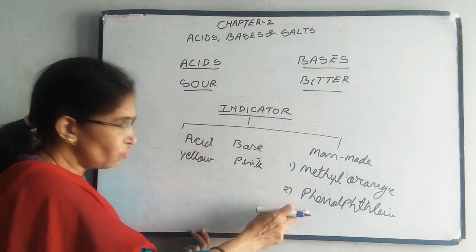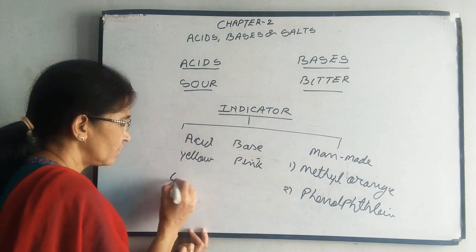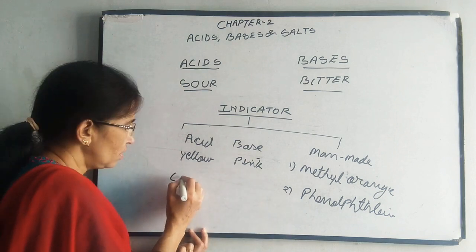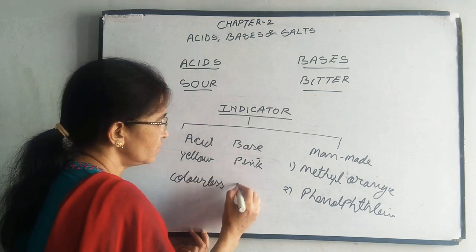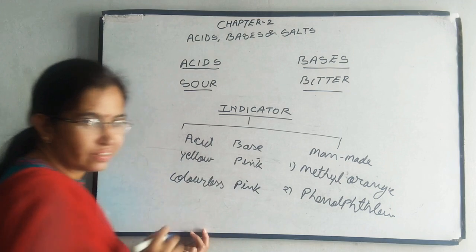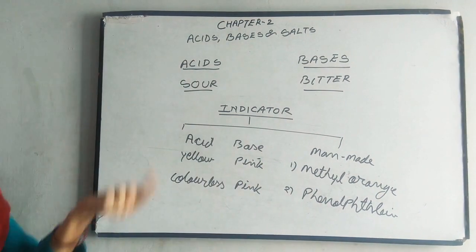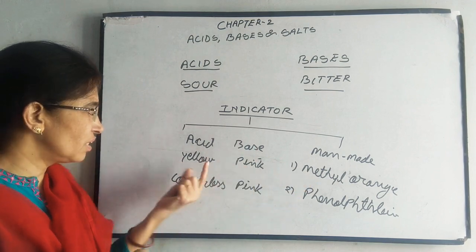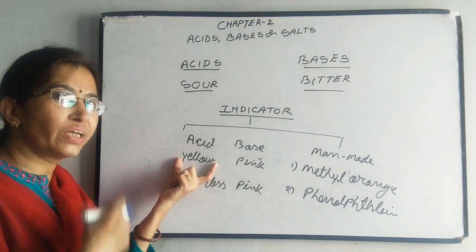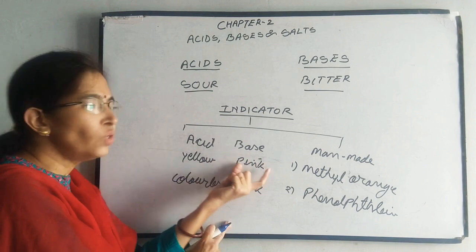And when we talk about phenolphthalein, in acid it is colorless and in base it is pink. Remember the colors, because they will ask: substance A has methyl orange, yellow in color, but when we put it in base, the color changes to pink.